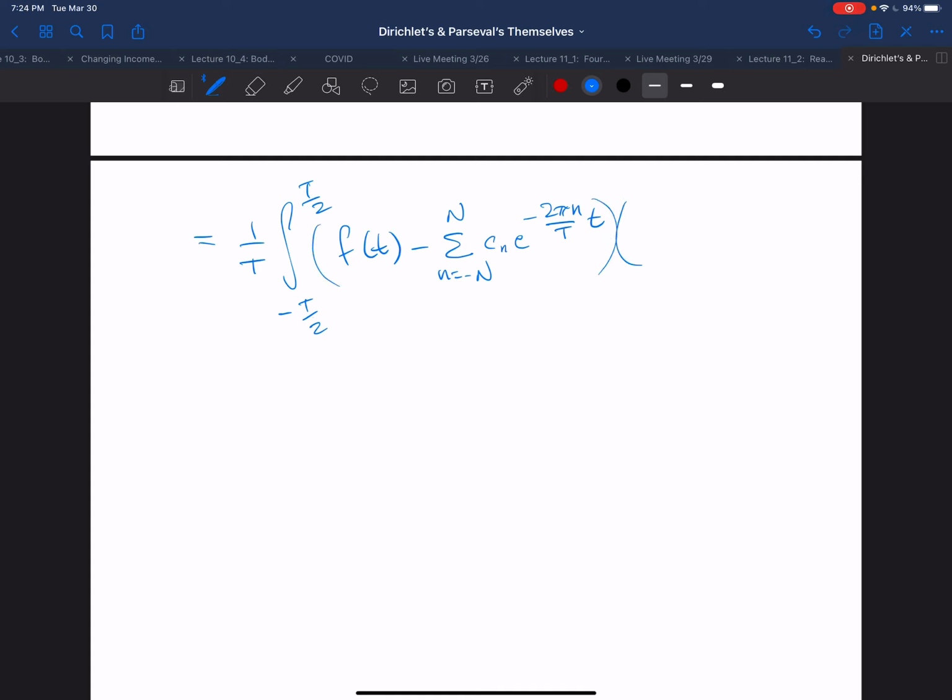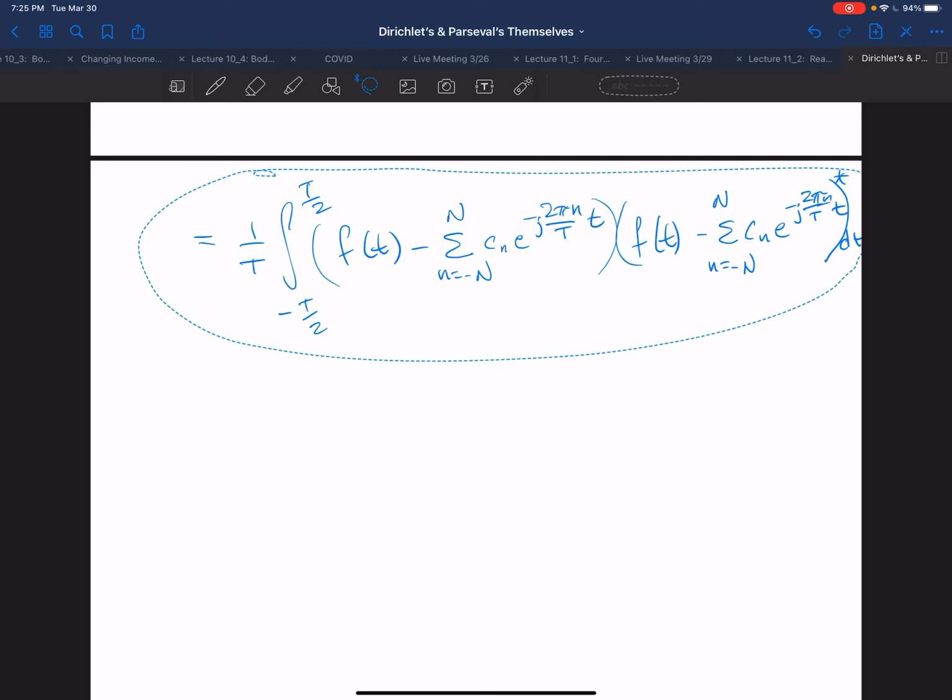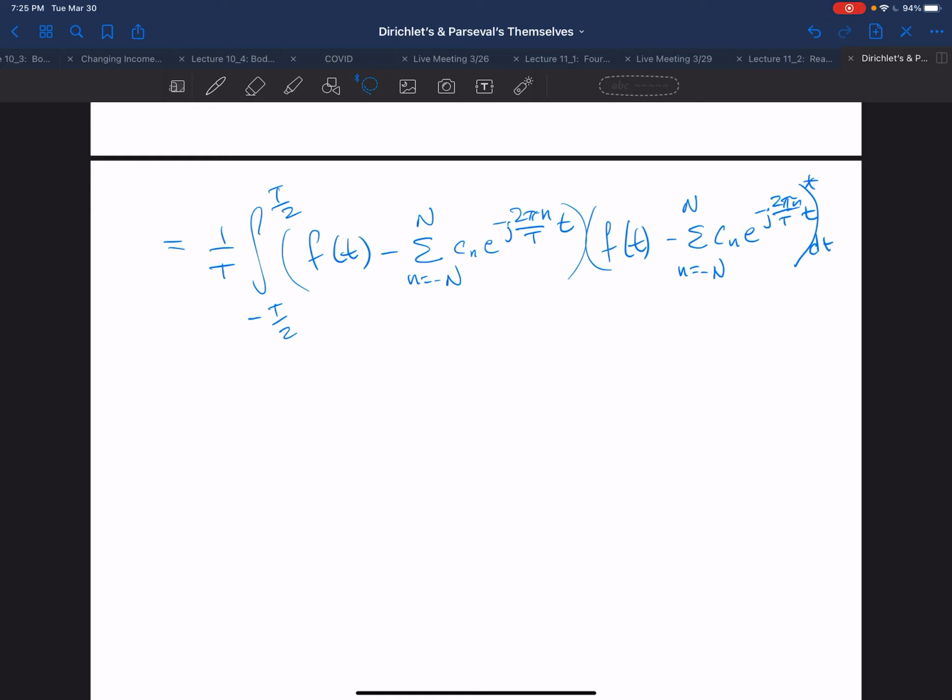Then we have to take its complex conjugate, and integrate with respect to t. Okay. So what do we get when we do this multiplication?